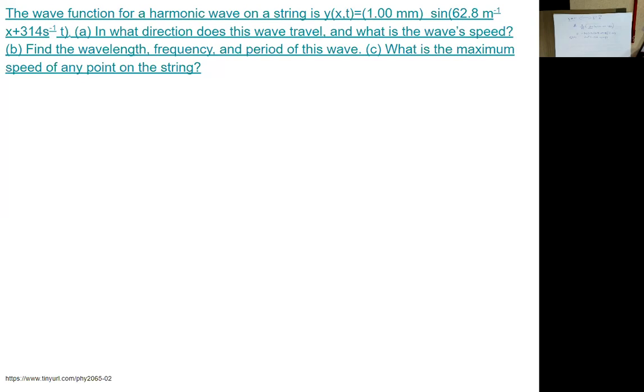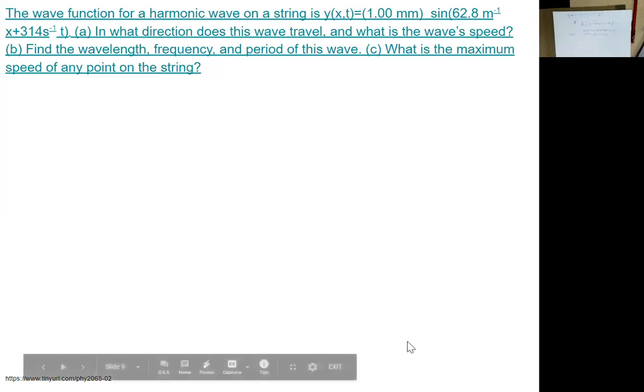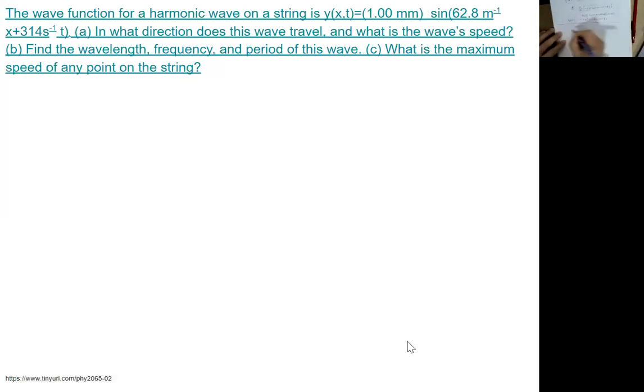Let me just write this down so you understand the question better. y as a function of x and t equals 1.00 millimeter sine of (62.8 meters inverse times x plus 314 second inverse times t). So the variables are x and t.